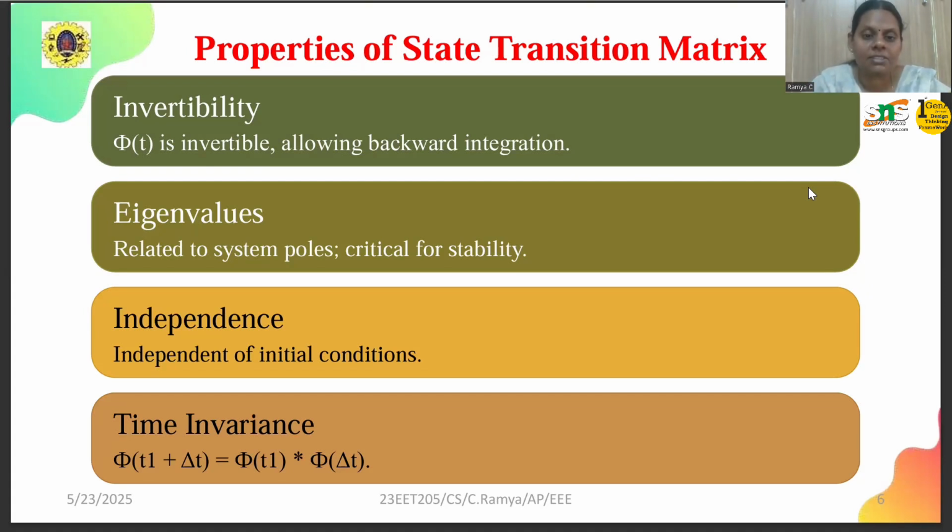Next one is the independence from the initial conditions, that is phi of t is determined purely by A, not by x of 0. Last one is the time invariance, that is phi of t1 plus delta t, which we can represent as phi of t1 multiplied with phi of delta t, which means we can calculate evolutions in segments.